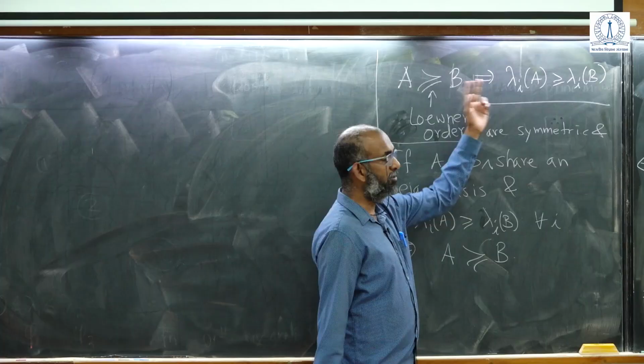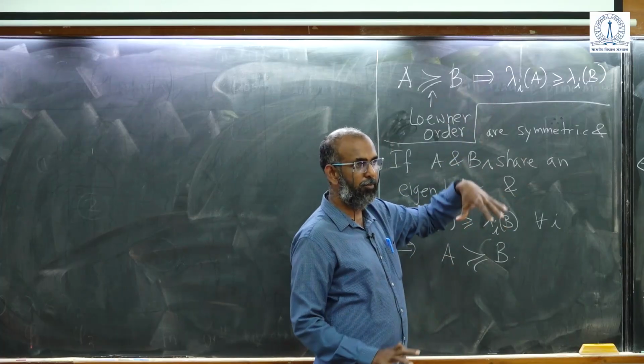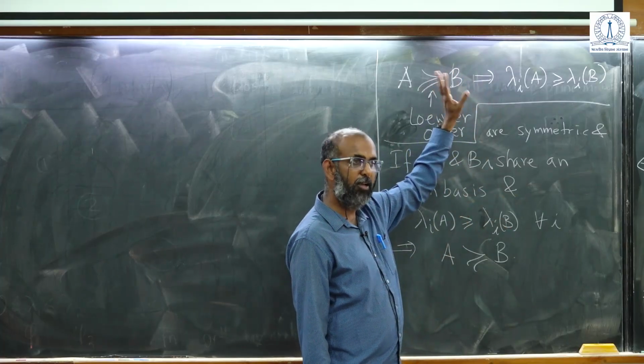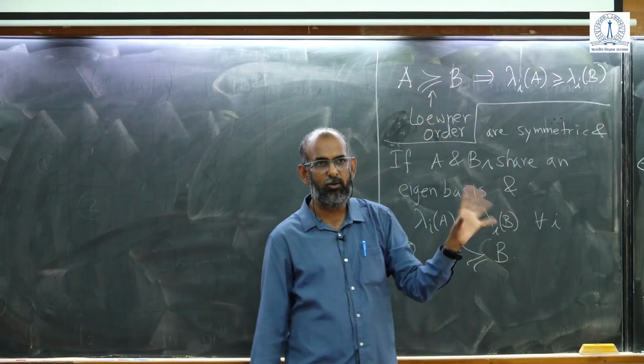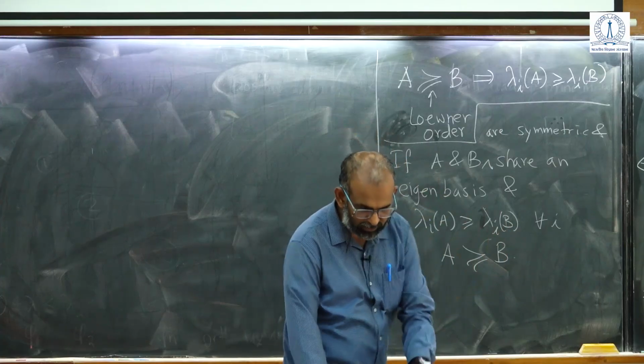So this will hold if the eigenbases are the same. If not, the converse fails only when they do not share the same eigenbasis. So that is one of the problems.